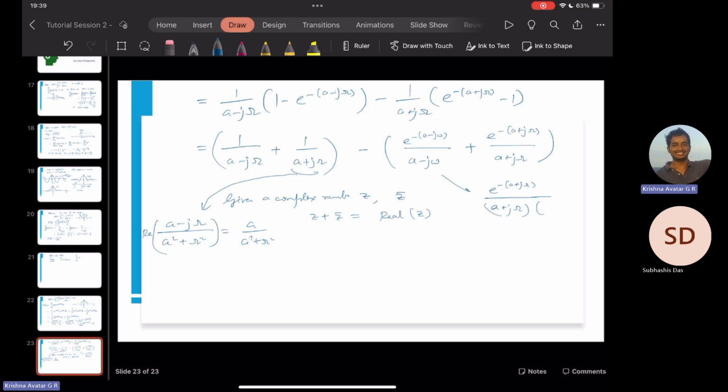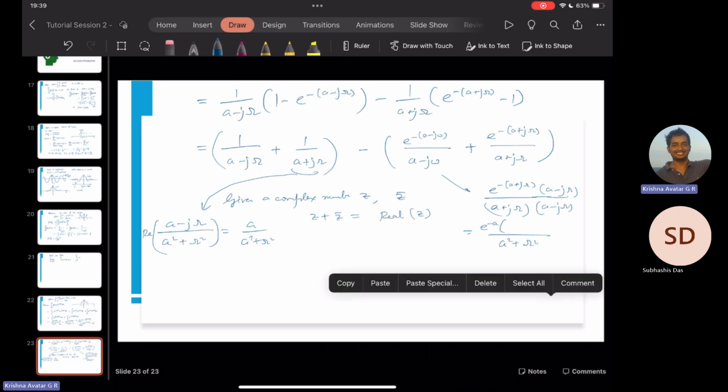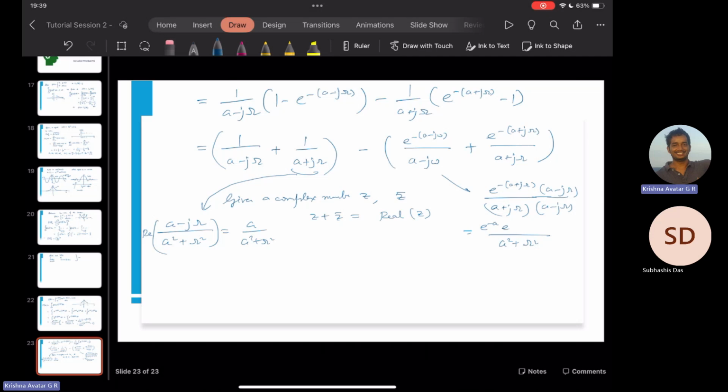Let's multiply both numerator and denominator by a minus j omega. So what we are left with is, the denominator is, of course, clearly a squared plus omega squared. And in the numerator, we have to use e to the power minus a. You can bring it out as a common factor, and it's as if you are multiplying by e to the power minus j omega.